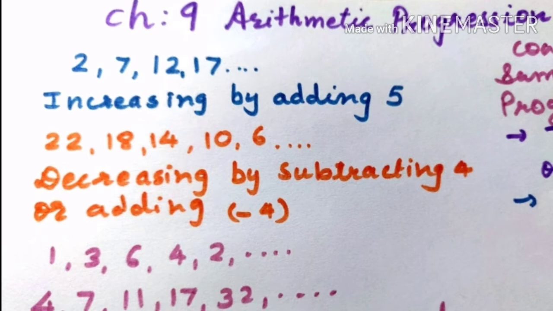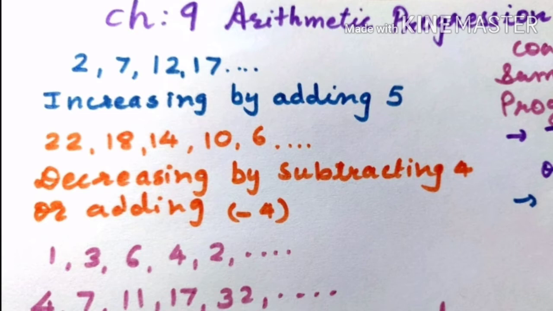Or in other words, we add minus 4 to it, and we are subtracting 4 from each number to get our next number. So this is our decreasing order sequence.